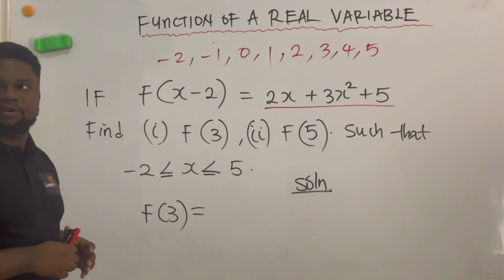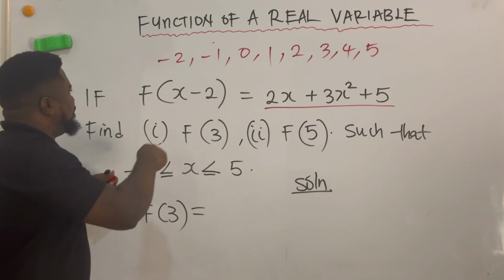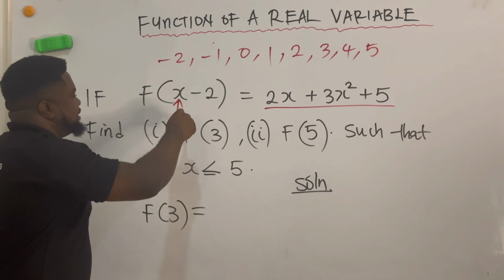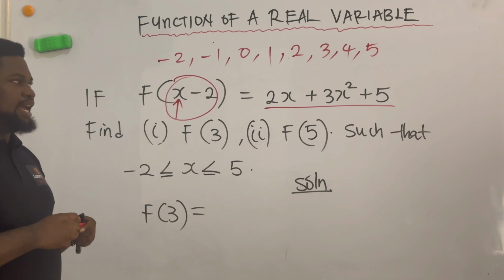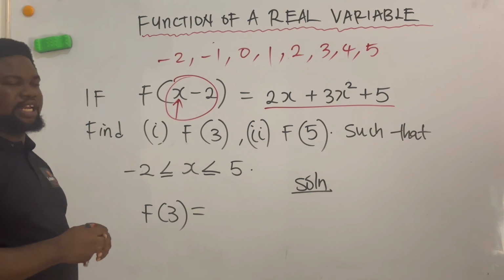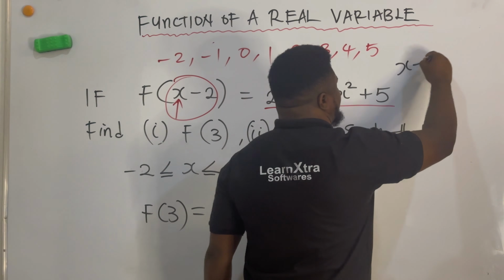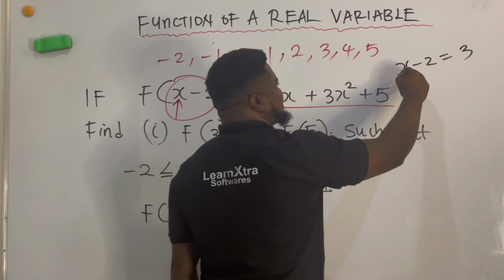I'll first of all find the value of x that will make this entire place 3. And that is equating this towards 3, saying x minus 2 is equal to 3. So what's x?